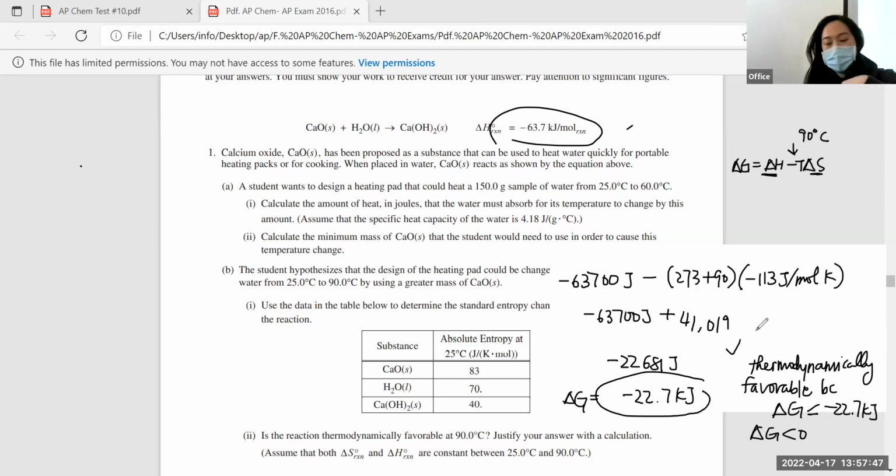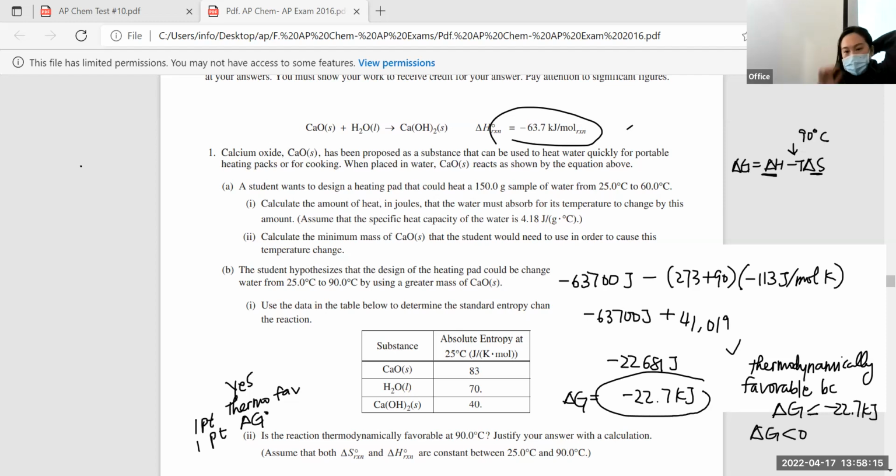Okay, so this one is 2 points, right? 1 point for saying yes, thermodynamically favorable. And then 1 point for finding delta G, right, as your calculation, because they want their justification in the form of calculation.